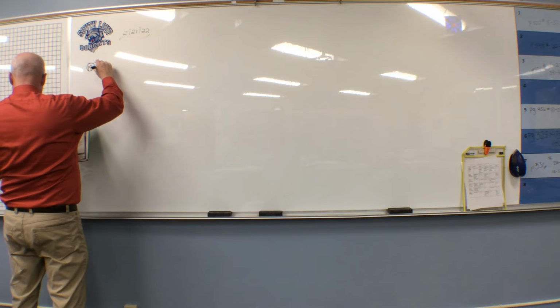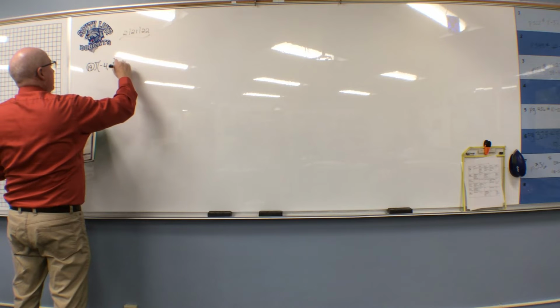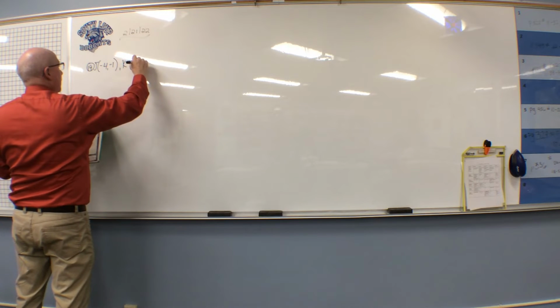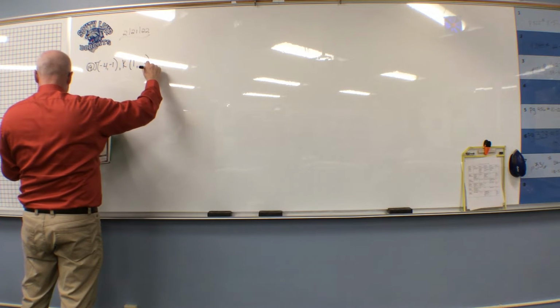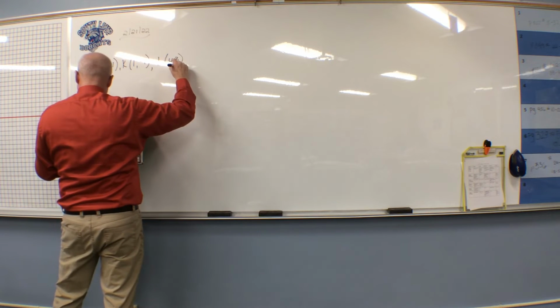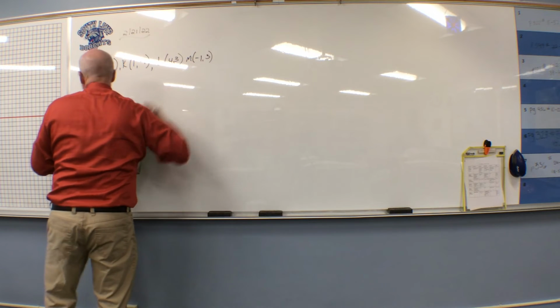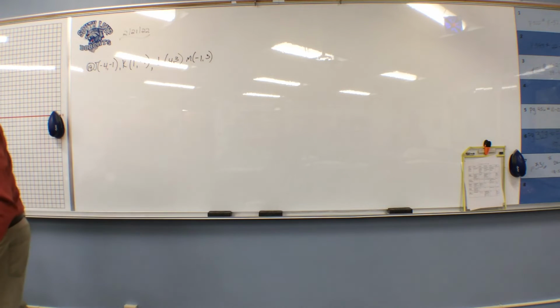J is (-4, -1). K is (1, -1). Make sure L is (4, 3). And M is (-1, 2). Okay, now let me explain something to you. It says that it's a parallelogram, right?